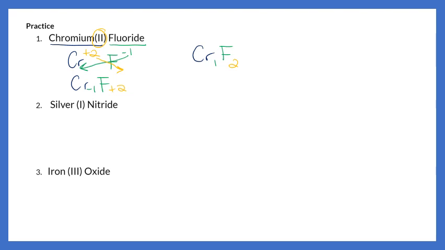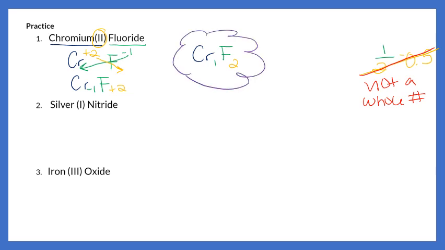And 1 divided by 2 equals 0.5, which is not a whole number. So we're going to keep the numbers as they are. So it's chromium 1, fluorine 2. That is the chemical formula for chromium 2 fluoride.